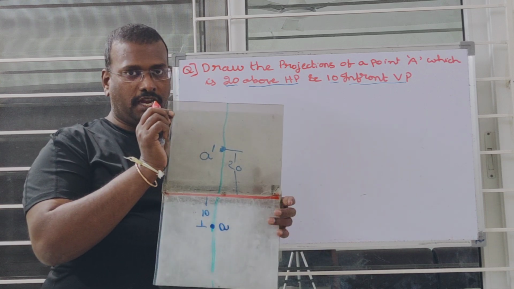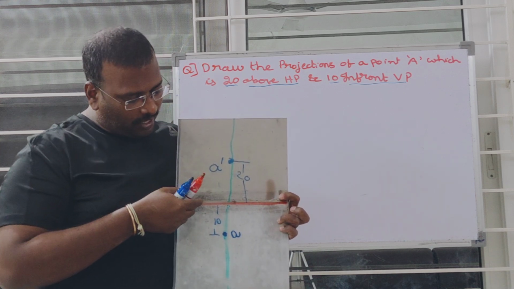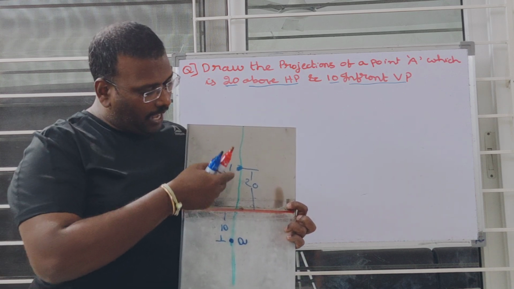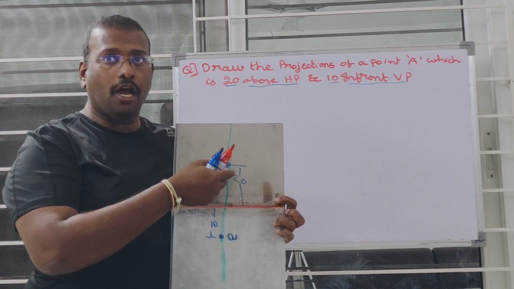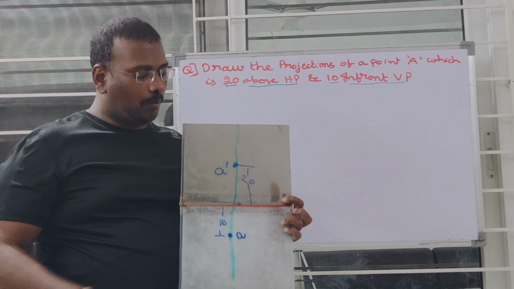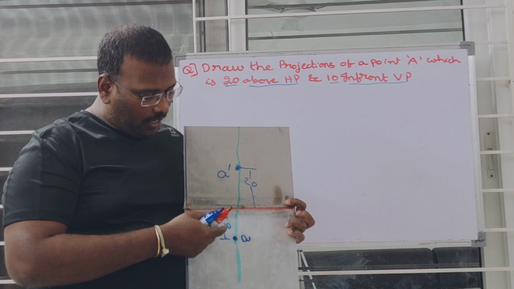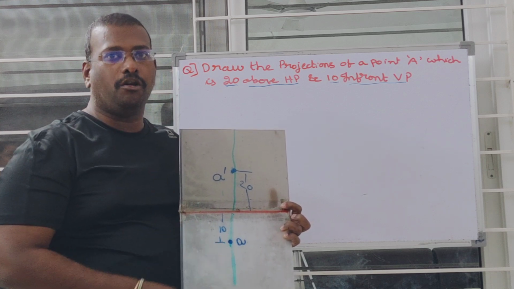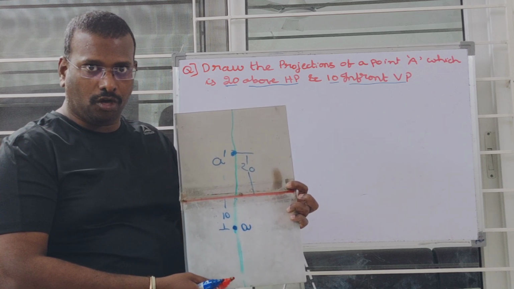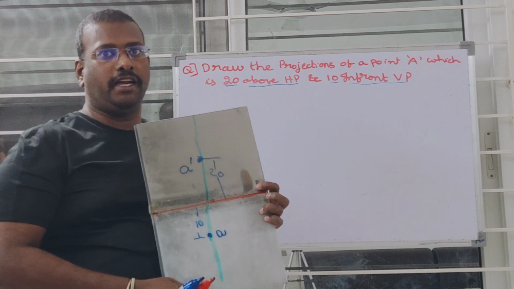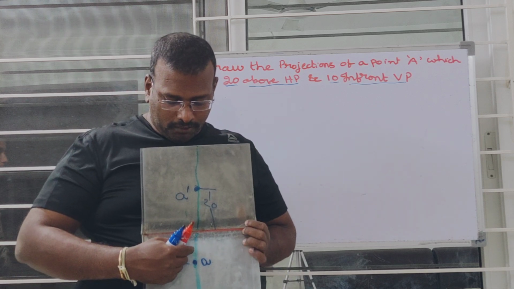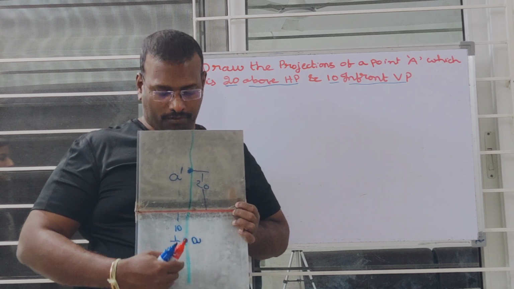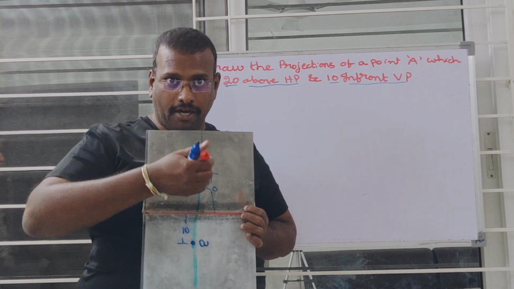So once you rotate it like this, from the XY line, A dash is going to get 20 above the XY line, and A is going to get 10 below the XY line. As it is, if you draw, we are going to get the final diagram. If you observe, this green color line in the bottom is the projector for the front view.